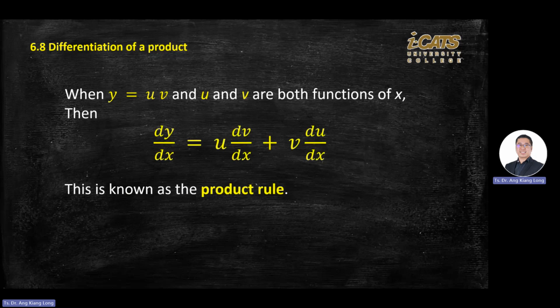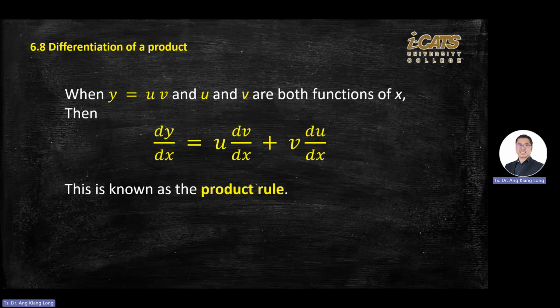If you have u plus v, you can do the differentiation individually. But if you have a multiplication of two functions, then you use the product rule. It doesn't matter if u or v is 1 over x or something, you can write in this format.